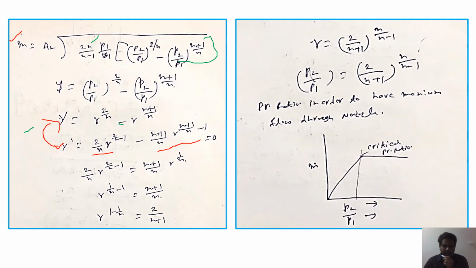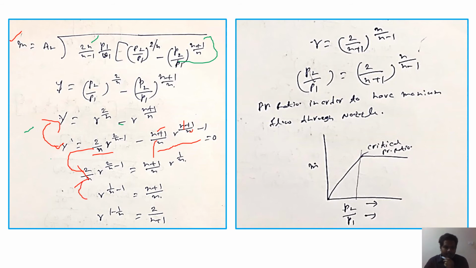Since it is equal to 0, we can write it as 2 by n r power 2 by n minus 1 equals, this term will go to the right side, (n plus 1) by n into r power 1 by n, where n gets cancelled.